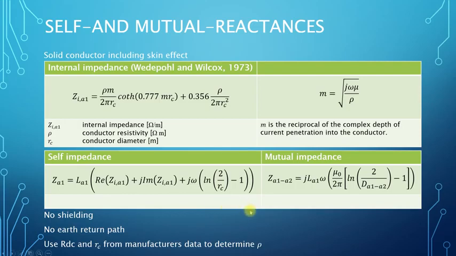And for the mutual impedance, we are using the same equation as before. So we have three different ways of calculating the self and mutual reactances of the cable conductors.